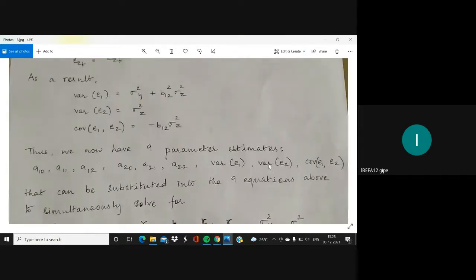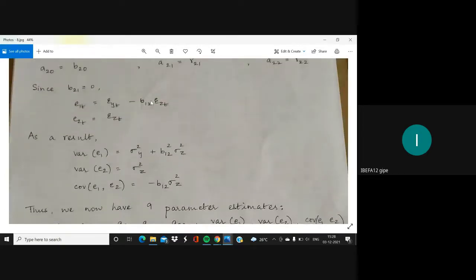So how exactly can we do this? If you look at these two equations, since E2t will directly give you epsilon zt, there's no work that you need to do here. You can directly get E2t from the regression results. Then since you will be able to find out what is B12, and you already have epsilon zt, you can easily find out what is epsilon yt, since you will also know what is E1t from your regression.